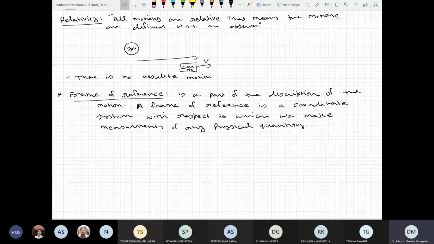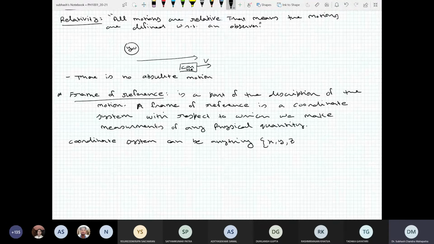So this measurement is like a coordinate system. This coordinate system can be anything. For example, it can be x, y, and z coordinates, and at the same time, you have to define t as well.